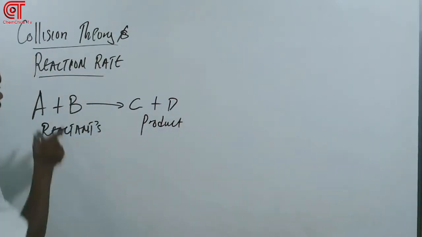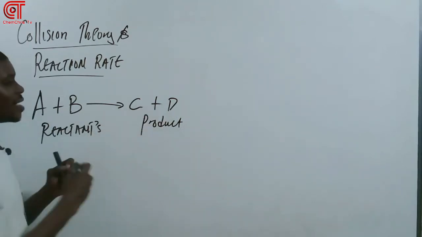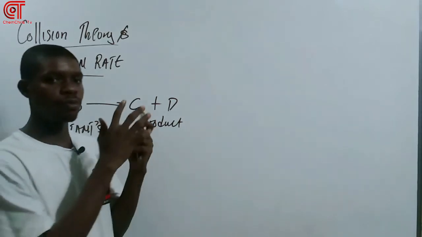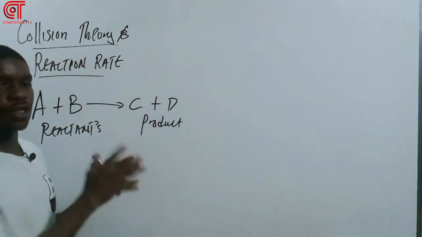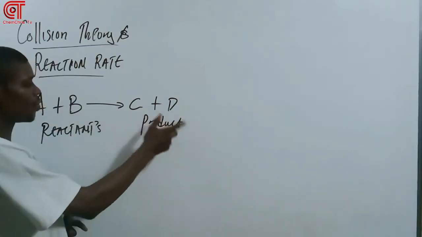Now before A and B can actually react to produce C and D, there are certain conditions A and B must meet. There's a certain condition they must attain before a reaction can take place.